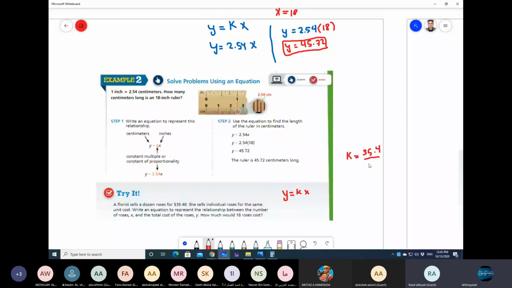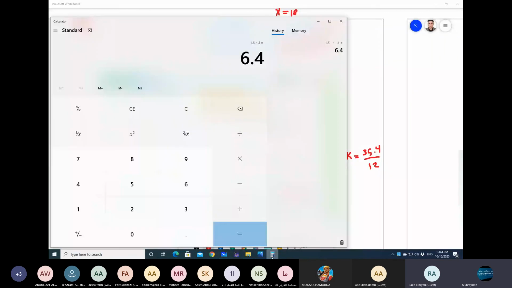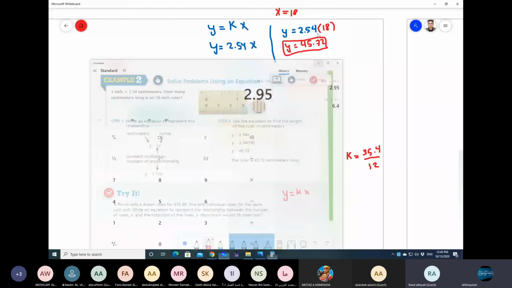What do you think, divided by 12? Okay, so 35.4 divided by 12 gives you 2.95.